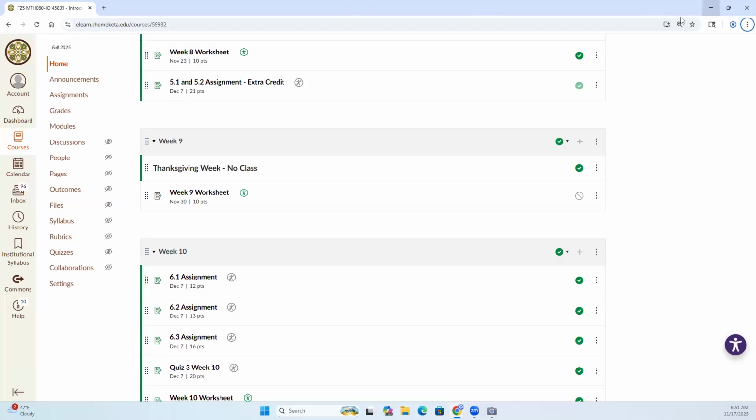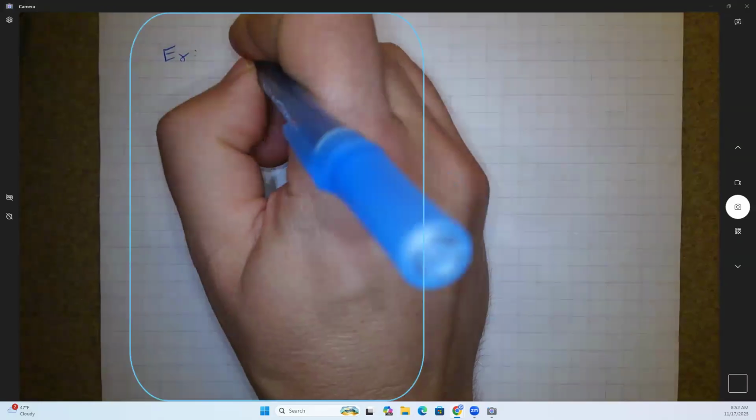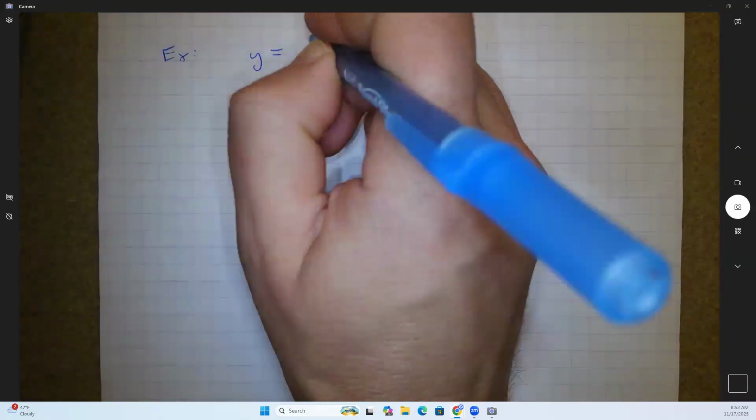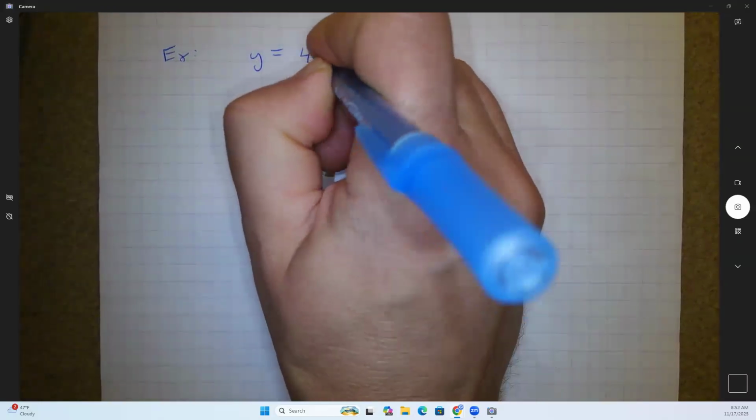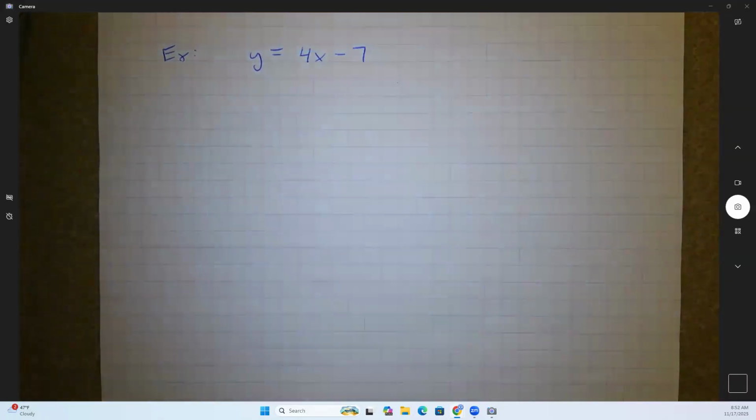All right, let's see. Let's do another example. Let's do y equals 4x minus 7.